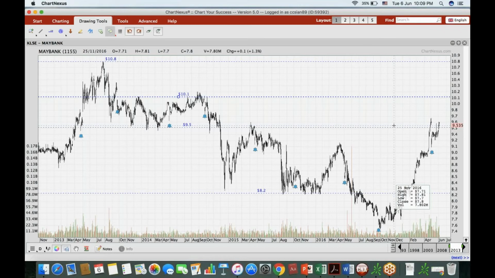TA is mainly very chart driven, a chartist, while FA is mainly value driven. You look at the company's worth when it comes to value. Those investors who are pure fundamentalists completely ignore the charts. If they see the stock is worth 5 ringgit but the price is 2 ringgit, they will buy. They don't care about TA, and they tend to make money.